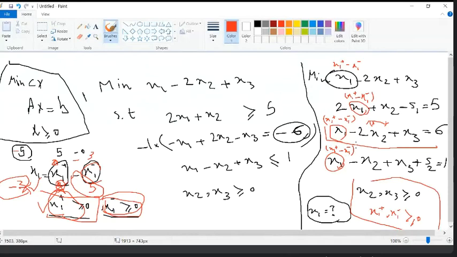This is a standard form, and this is an LP, a linear programming problem, and I can use the simplex method. The simplex method is used for a standard form.